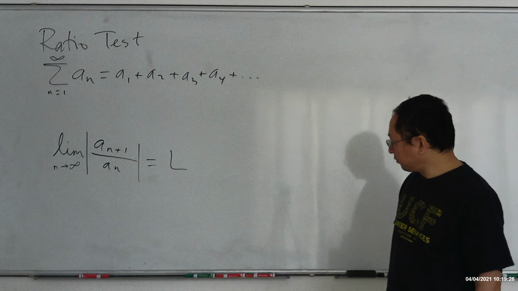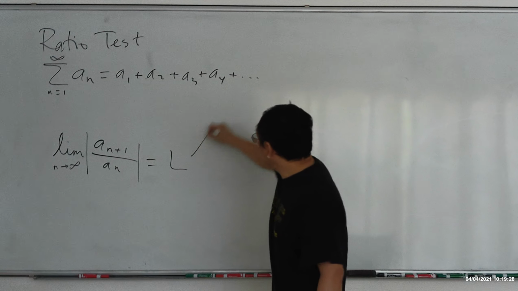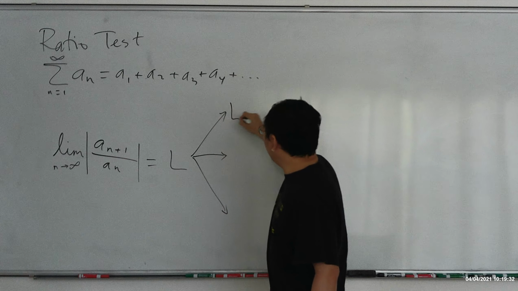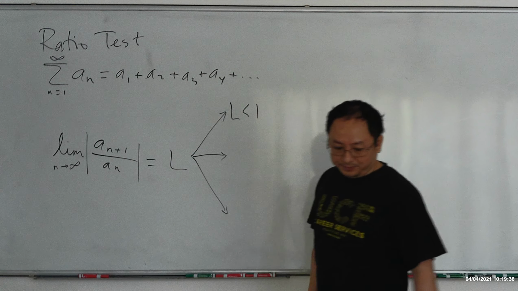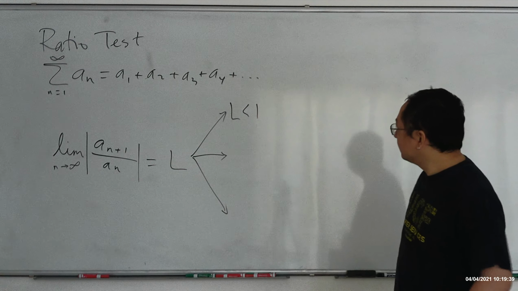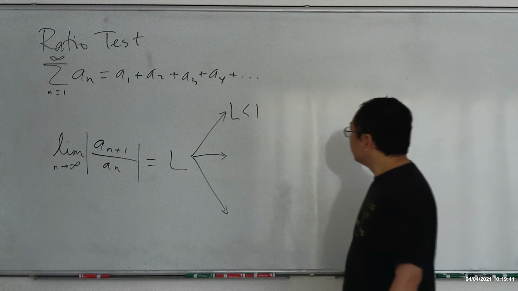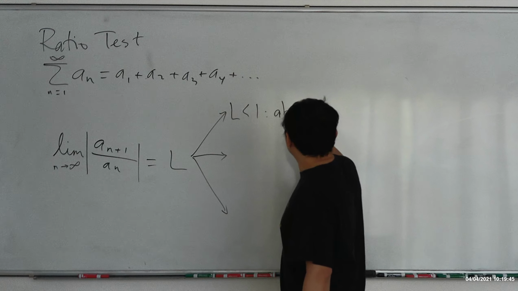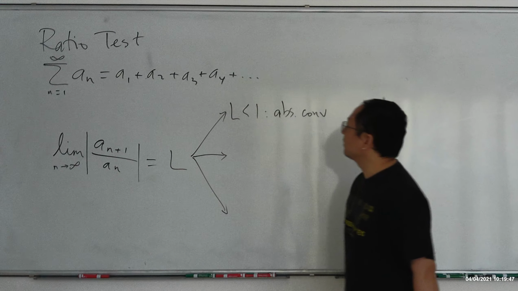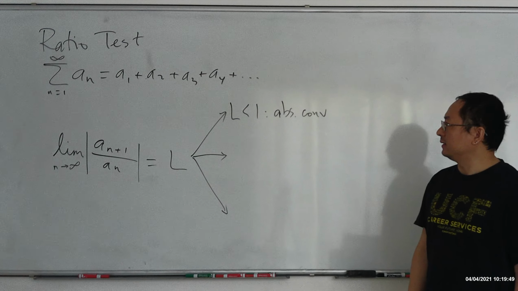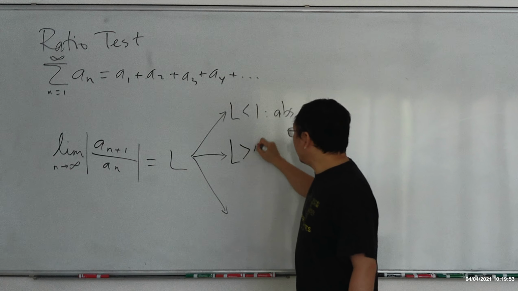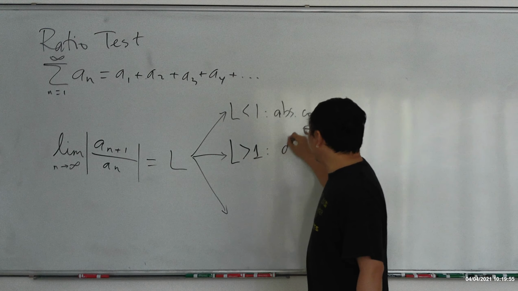Okay. Now we have three cases. If L is less than 1, then the series right here is absolutely convergent. Okay. If L is bigger than 1, then it's going to be divergent.